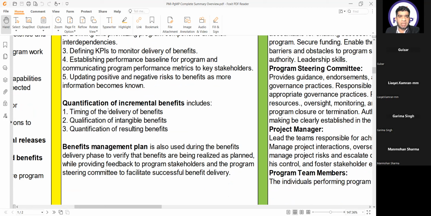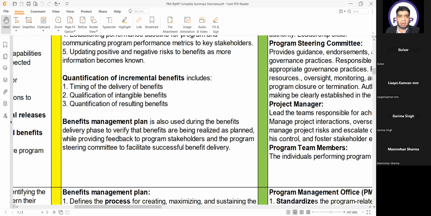Then we do quantification of incremental benefits, which includes timing of the delivery of benefits, qualification of intangible benefits, and quantification of resulting benefits.